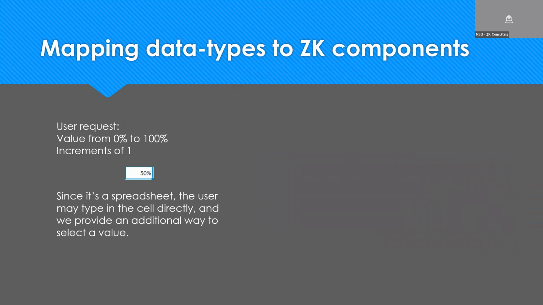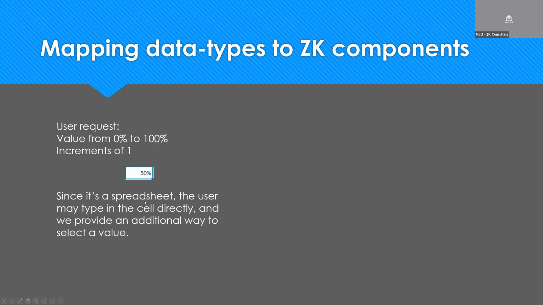Now, let's quickly talk about mapping data types to ZK components and why you should think carefully about which object you want to map to which ZK component. For example, here I have a user request, which is a value that goes from 0 to 100 and increments in values of 1.